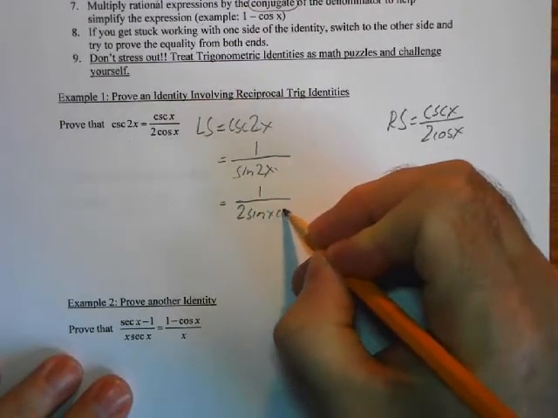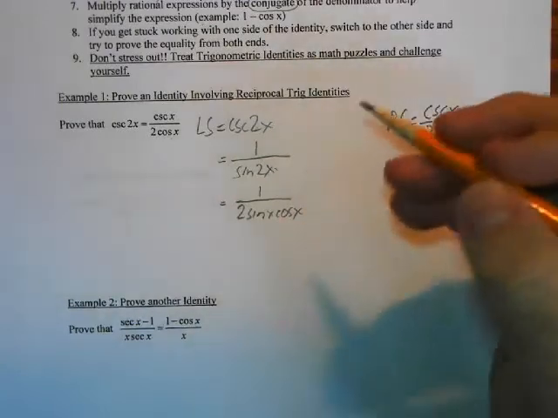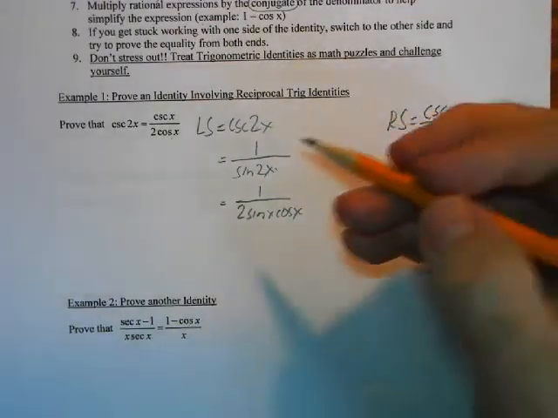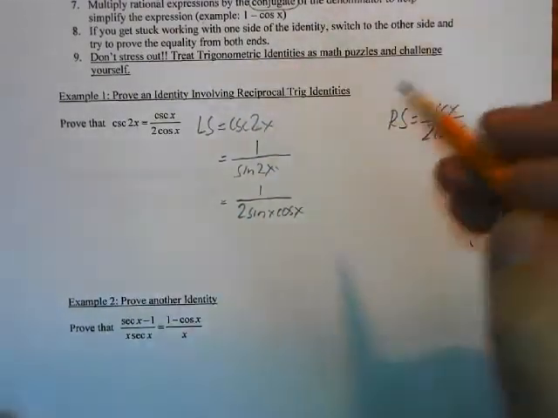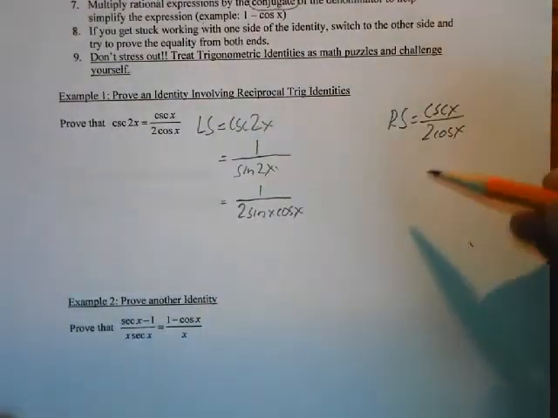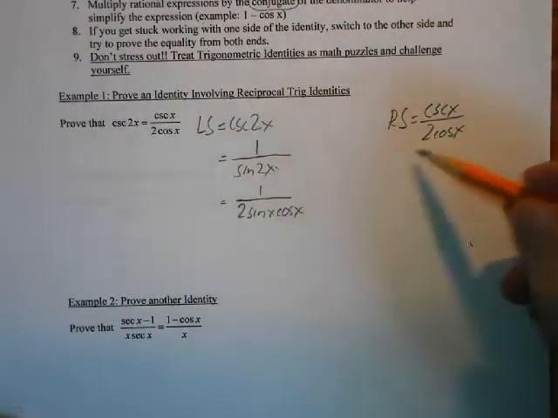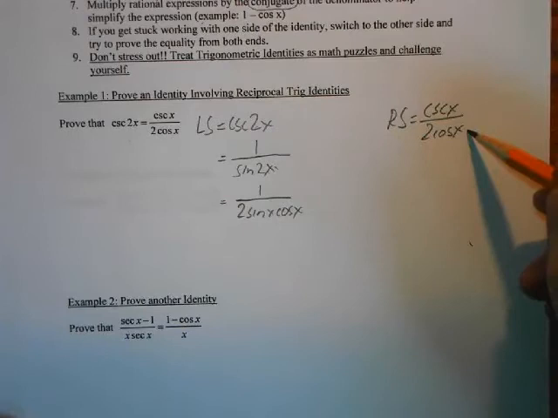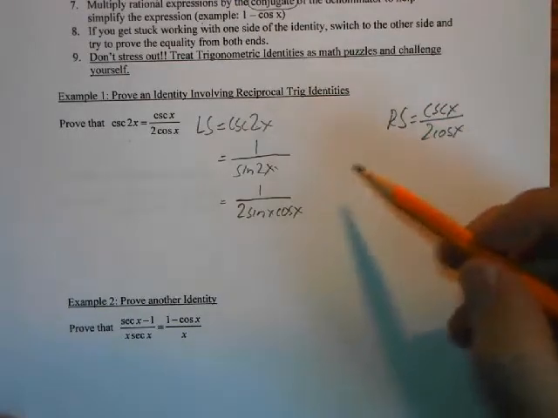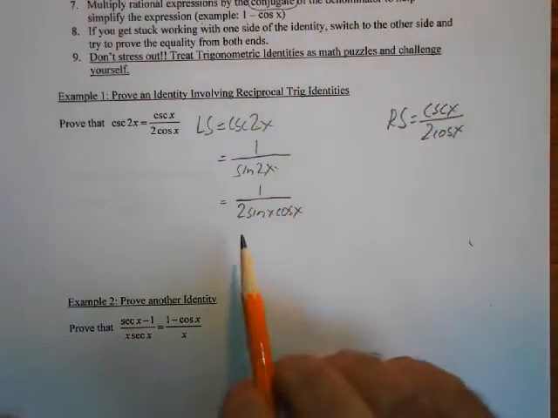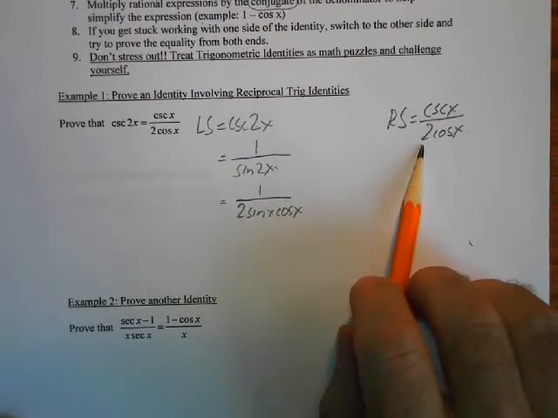Now, at this point, after you've done something, after you've achieved some kind of change, at this point I'm going to look over here and see, am I getting warm? Am I getting close? And my first thing I would recognize is, oh, there's a 2 on both sides of the bottom.